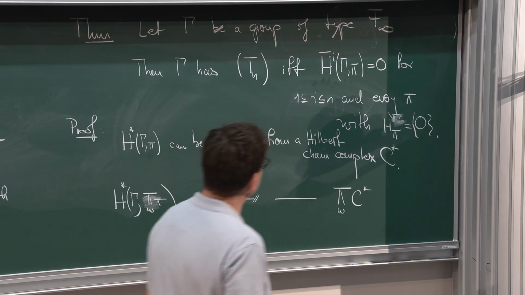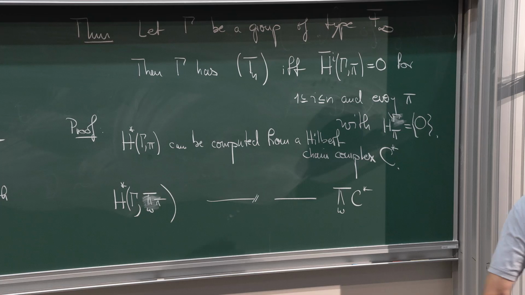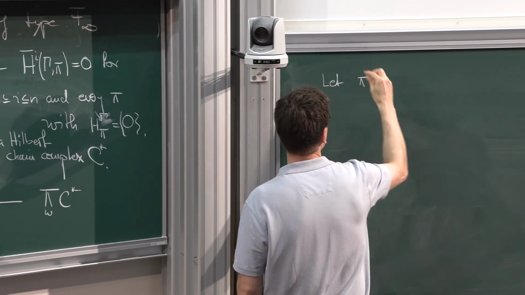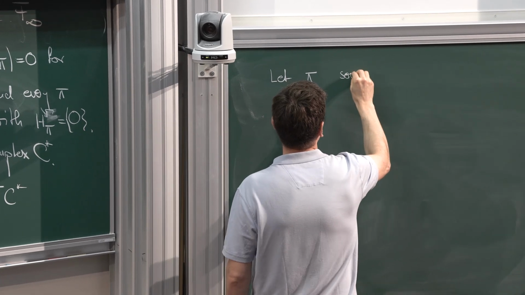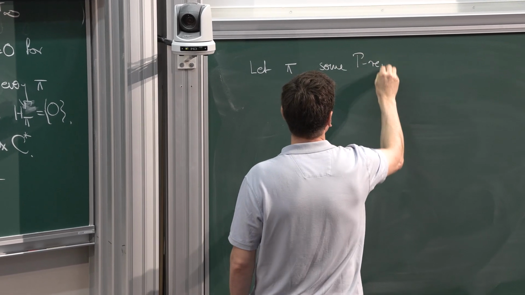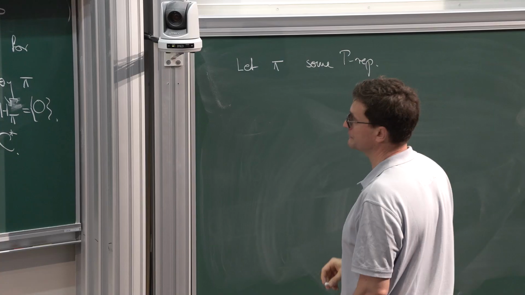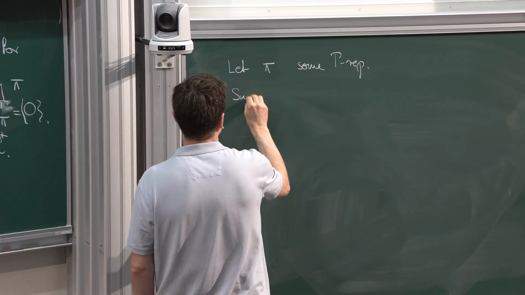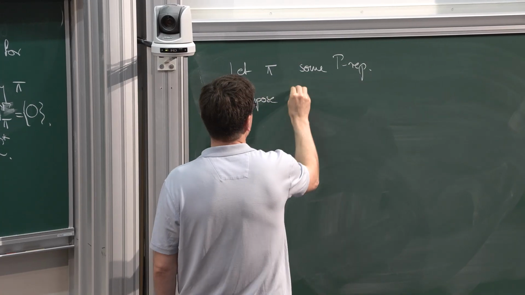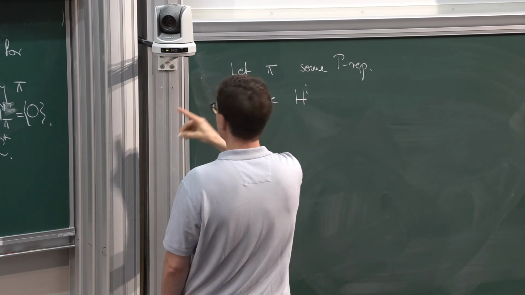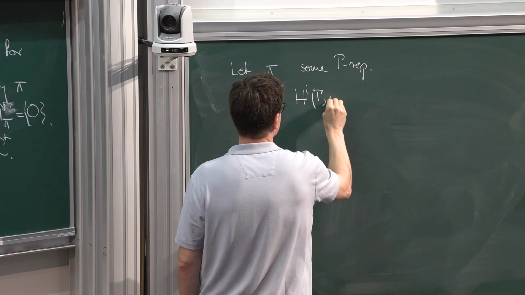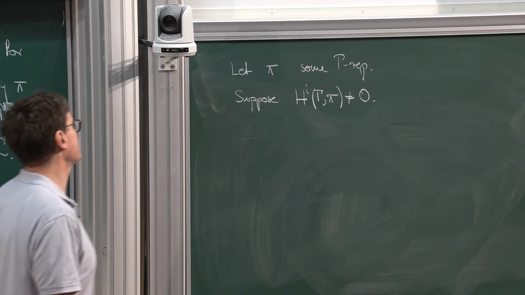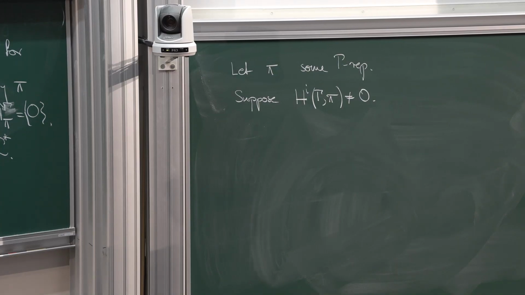So how do we do that? Let pi be some gamma representation now. We want to show this vanishing for the ordinary cohomology. Suppose it does not vanish in this range. Suppose by contradiction it does not vanish.